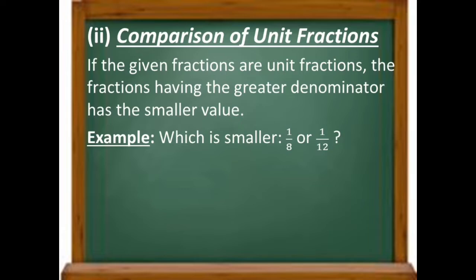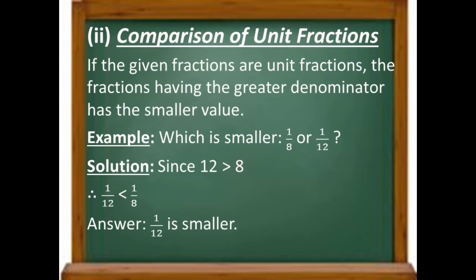Here we will see the denominators, and the denominators are 8 and 12, and out of these denominators 12 is greater than 8. Therefore 1 by 12 is less than 1 by 8. So the answer is 1 by 12 is smaller. Hopefully it is also clear to you.